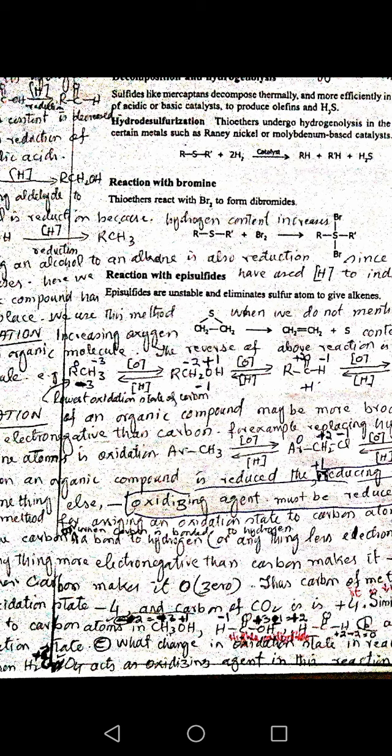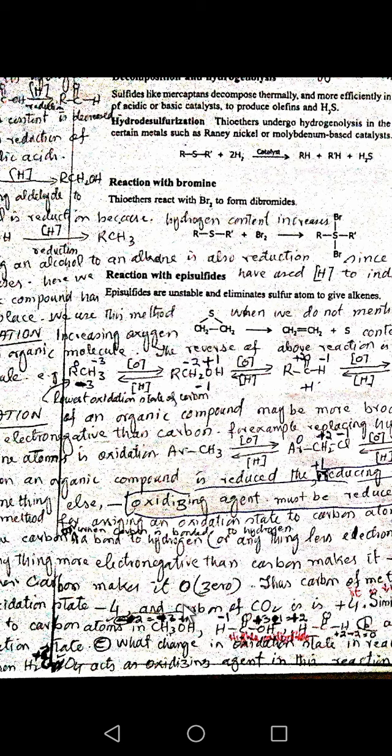Here we take +1 for halogens and electronegative atoms and -1 for the hydrogen atom. So you can calculate the different oxidation states of these compounds.